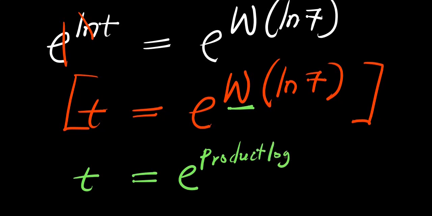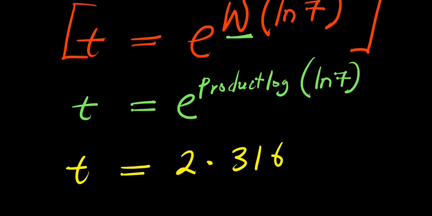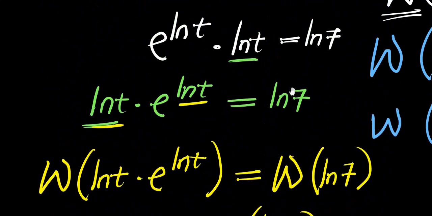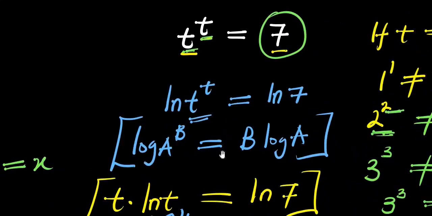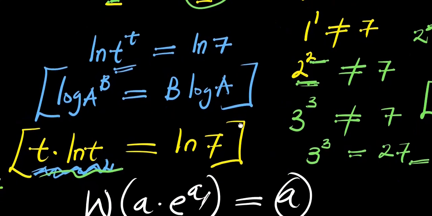You have product log of ln of 7. If you type this into your calculator, we are going to have a value for t, and that value is simply 2.3165 to 4 decimal places, and this becomes the value of t that will satisfy that equation.